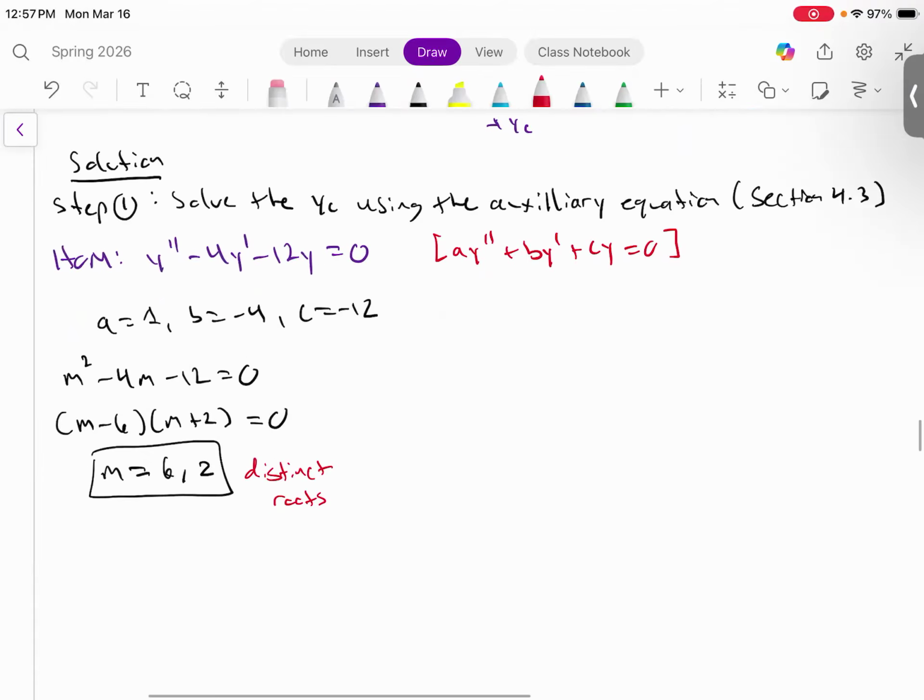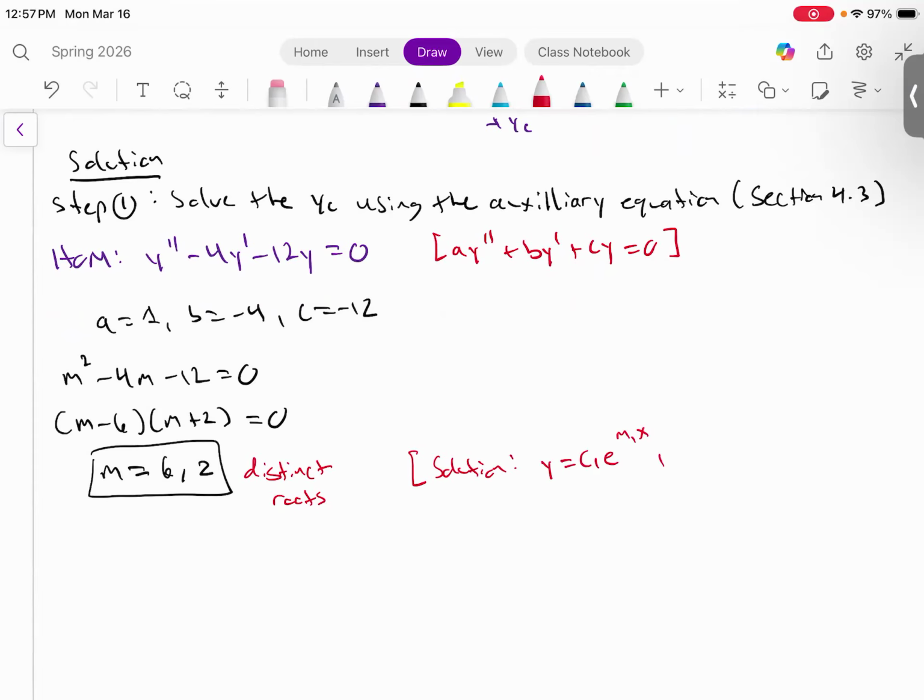So where am I going to get the solution from? Well, remember that a solution to distinct roots would look something like this: y equals C1 e to the m1x for one of the roots plus C2 e to the m2x.